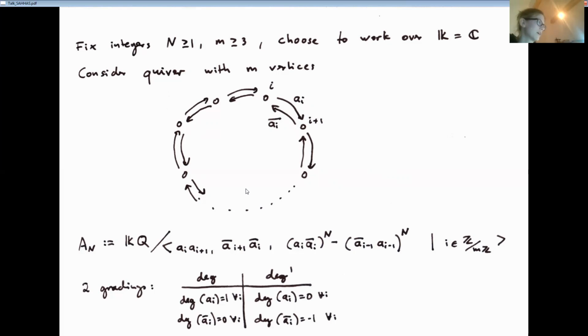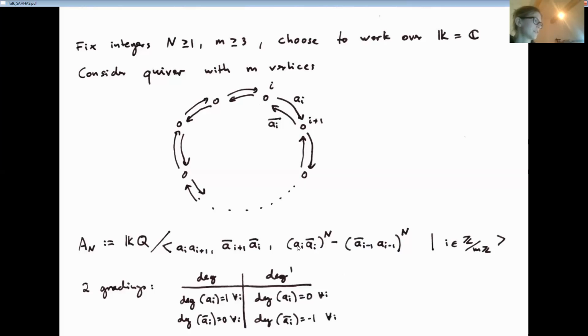That is this circular quiver with arrows going in both directions, and its path algebra over some field that can be more general, but just for the moment we can just speak about complex numbers to not have to fuss about the possible characteristics. And we mod out the relations that whenever we go 2 steps into the same direction, then this is 0. So a_i a_{i+1} is 0, as well as going in the opposite direction, a_{i+1} a_i.